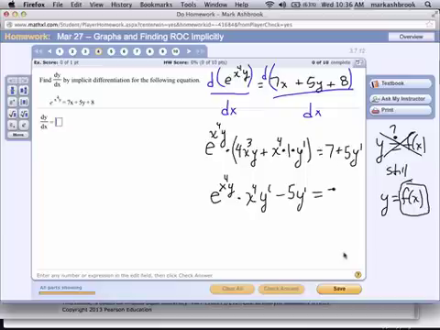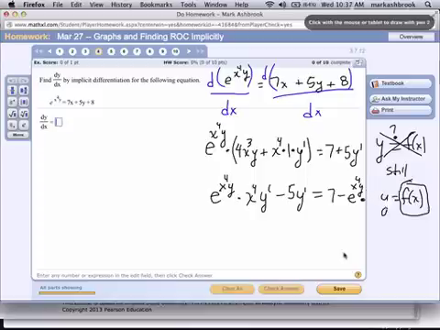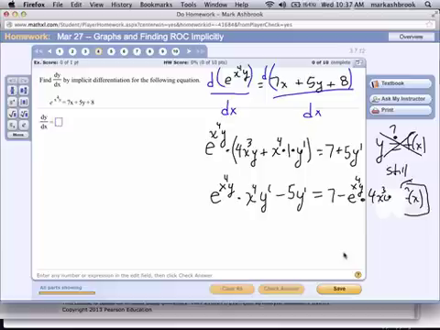So I'll have the 7. And then when I multiply this one, this will subtract on both sides. So I'll have minus e to the x to the fourth y times 4x cubed y.